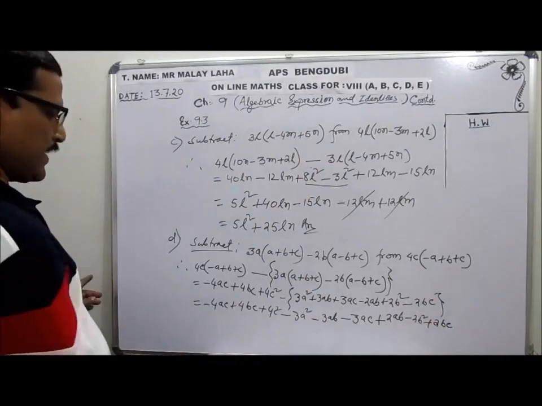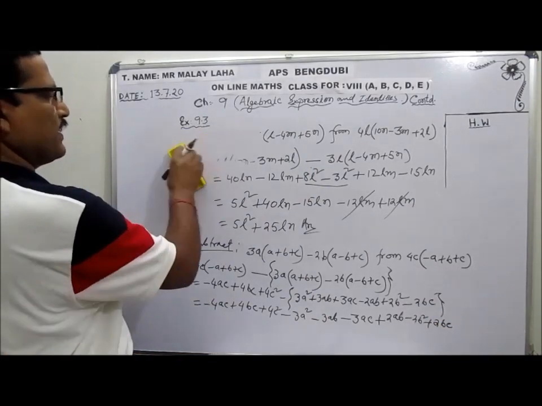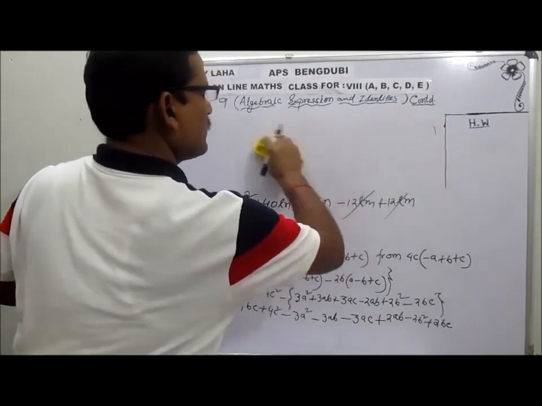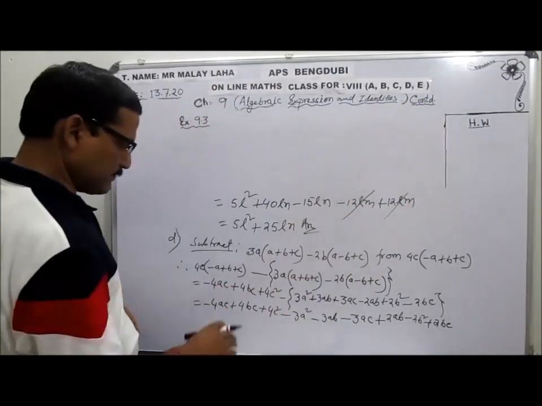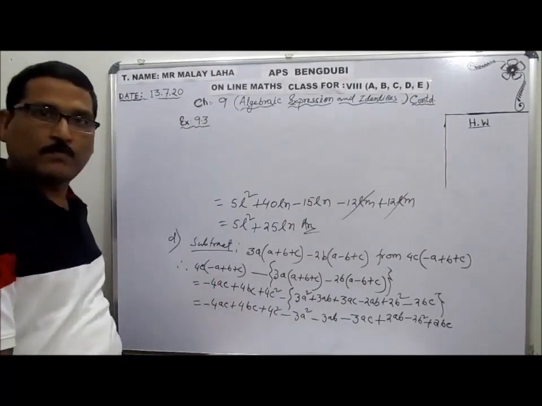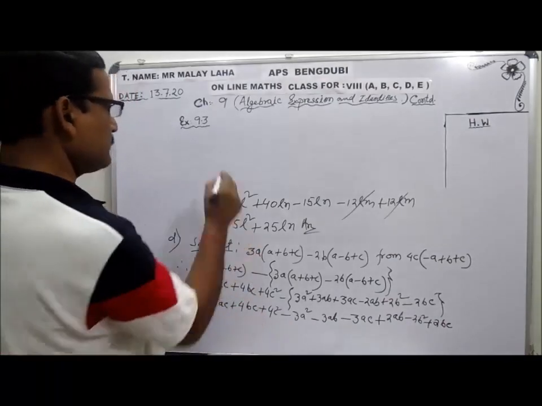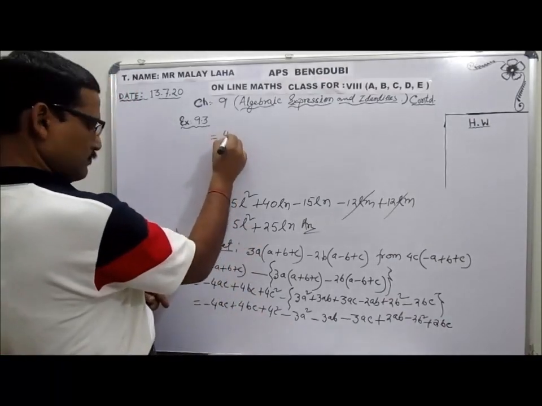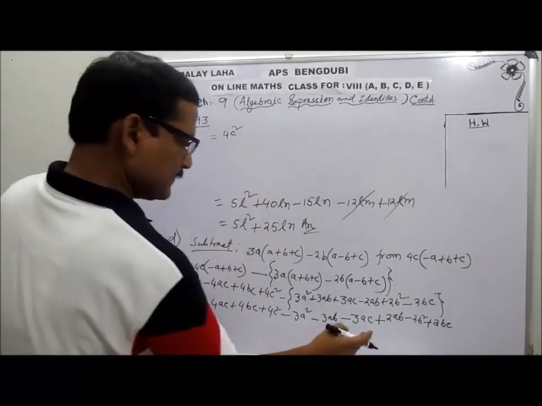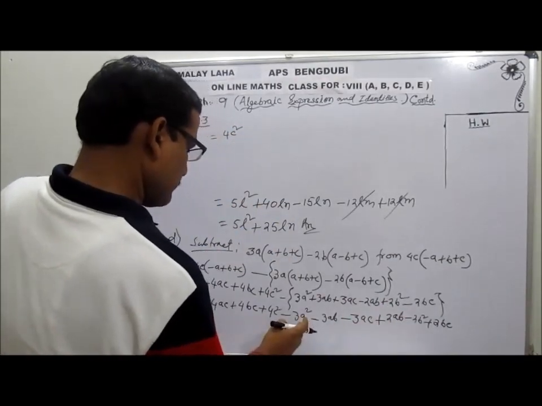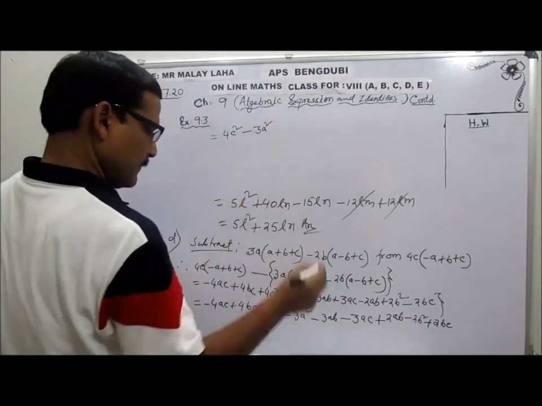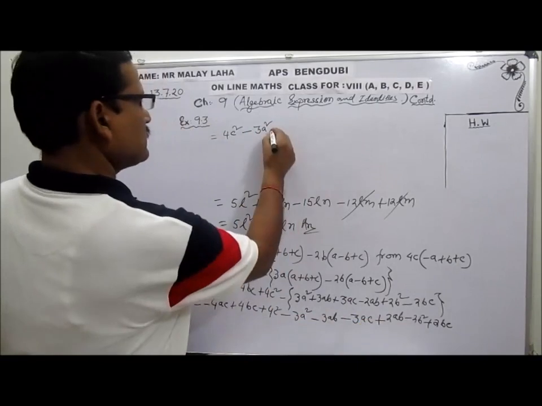Now you have to write down the like terms properly. You have to see the question properly. Whatever you have simplified up to this much, what I told is the term with the highest power you have to write first. So here plus 4c², and here minus 3a² and minus 2b².